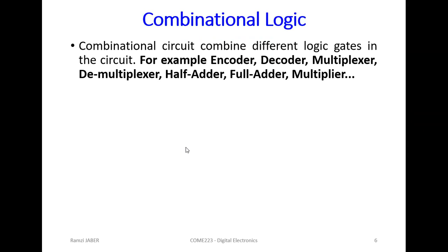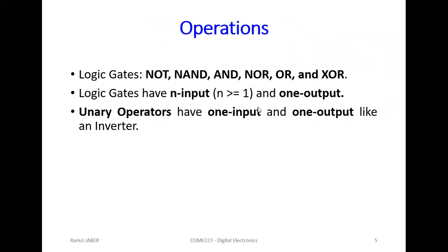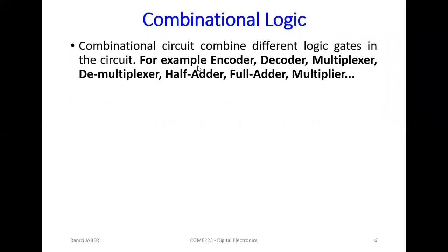Now, what is a combinational logic circuit? The word combinational comes from the word combine. This circuit combines different logic gates in the circuit. So if we put AND, OR, NOR, XOR, NOT, whatever, two or three logic gates in the same circuit, we call it a combinational circuit.